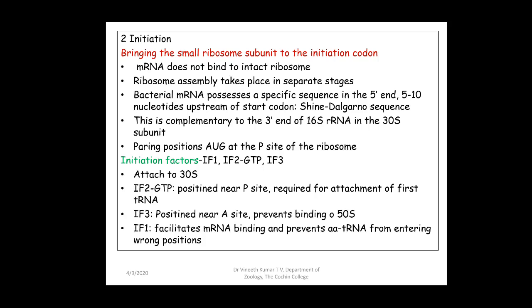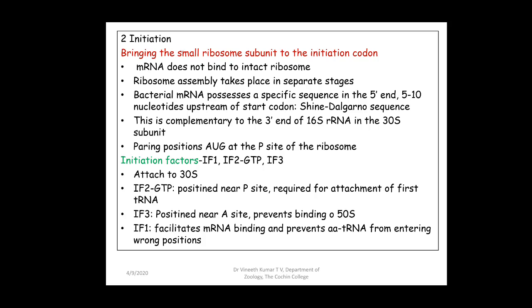The two subunits of the ribosome should combine to form a complete ribosome. Then the mRNA should be looped into the ribosome. It's not a simple looping. The looping should be perfect in the sense that the initiator tRNA should be placed at the correct site where the first tRNA will arrive. So these are the processes that happen during initiation.